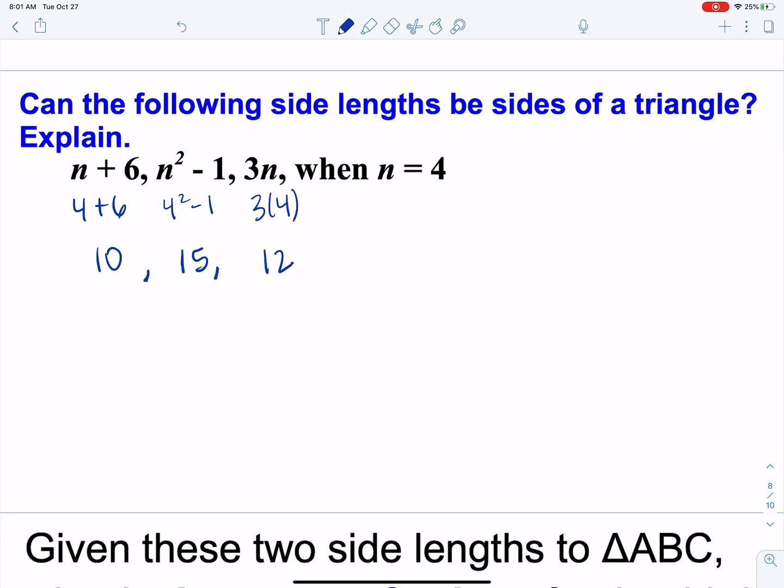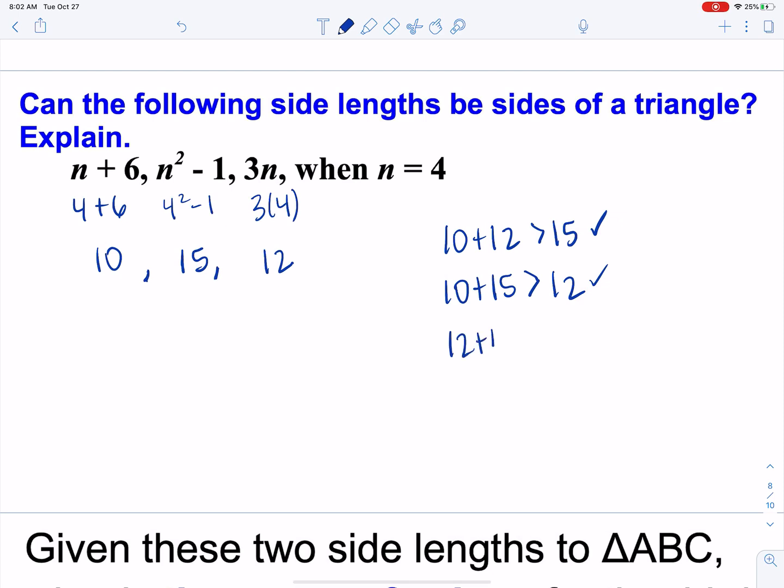So let's go ahead and check. 10 plus 12 is 22. That is greater than 15. 10 plus 15 is 25. That is greater than 12. And 12 plus 15 is 27. Sorry, let me write it out. That is greater than 10. So yes, a triangle can be formed.